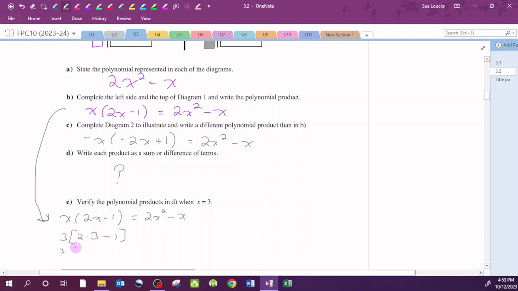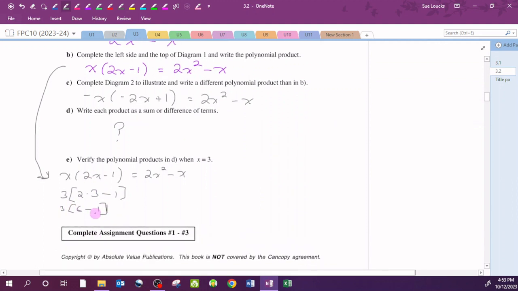So that's 3 times 6 minus 1. So that's 3 times 5, which is 15. And on the other side, I have 2 times 3 squared minus 3. So that is 2 times 9 is 18 minus 3, which does also equal 15. So that side is correct.